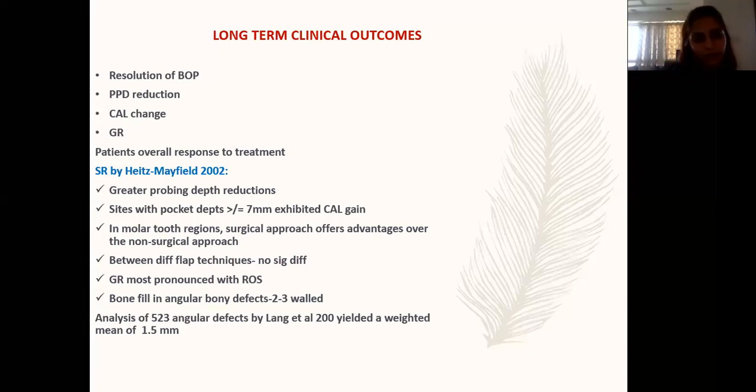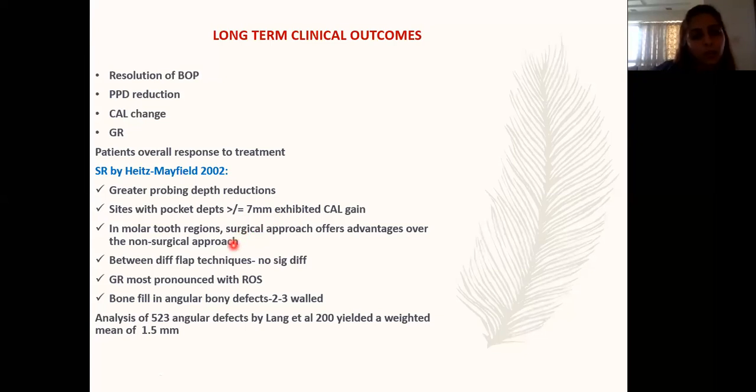Definitely, when surgical periodontal therapy was compared to non-surgical periodontal therapy, we achieve greater probing depth reduction. Sites with pocket depths more than or equal to 7 millimeters exhibited CAL gain. In molar tooth regions, the surgical approach definitely offered advantage over the non-surgical approach.